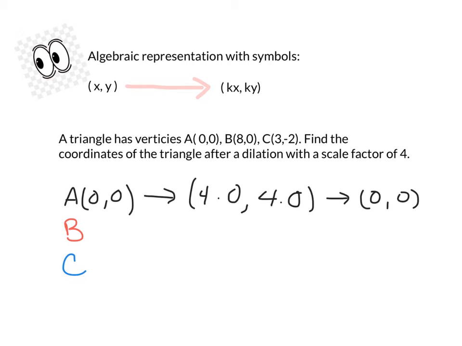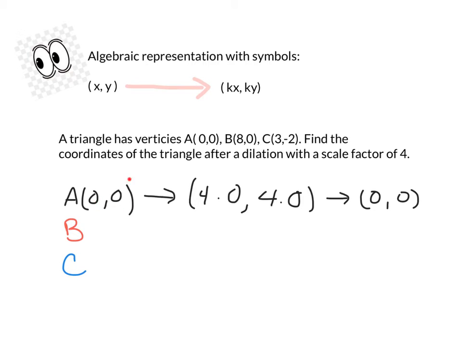So let's look at this as an example. A triangle has vertices of A (0, 0), B (8, 0), and C (3, -2). So to find the coordinates of the triangle after a dilation with a scale factor of 4, here's what I'm going to do. I've already got A finished here.